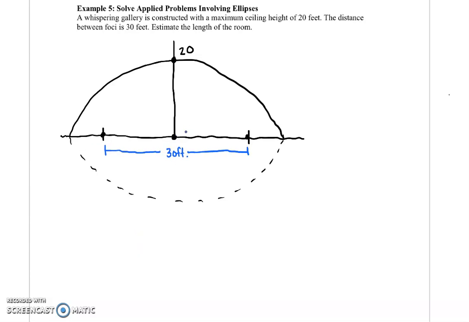If it's 30 feet, then how far is it from just the center to the focus? Well, it should be 15 because the center should be in the middle. This is important.